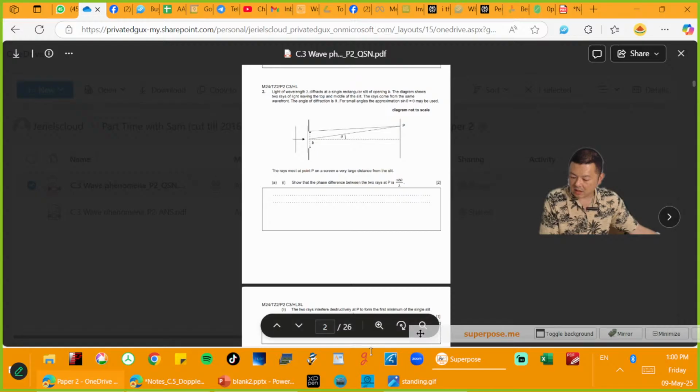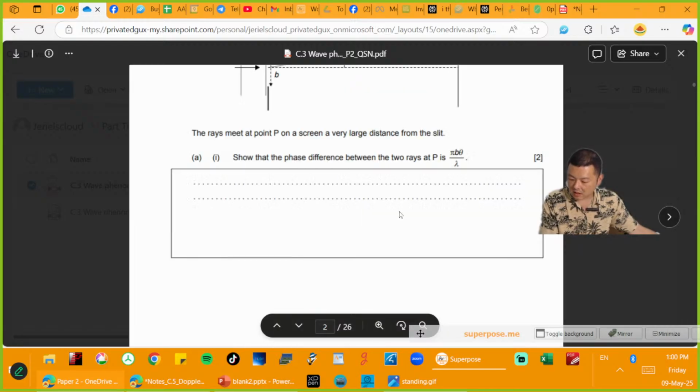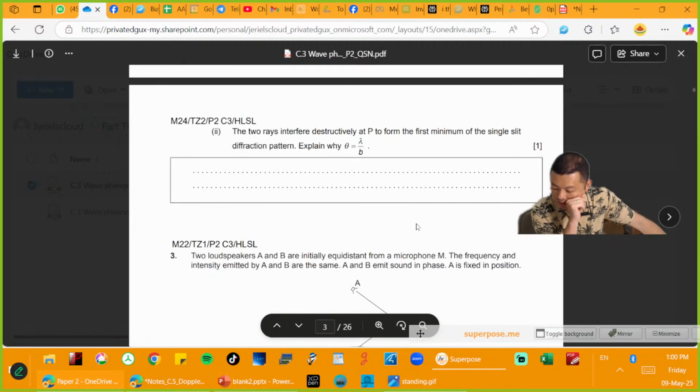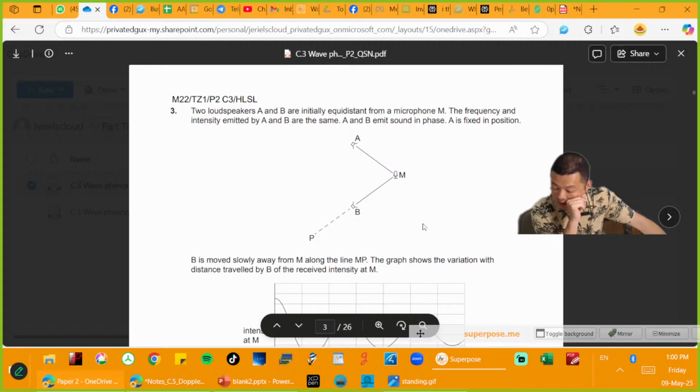Something like that. Let me just double check everything first.